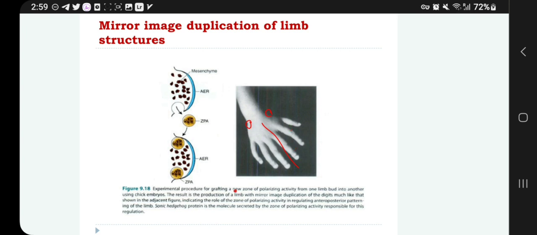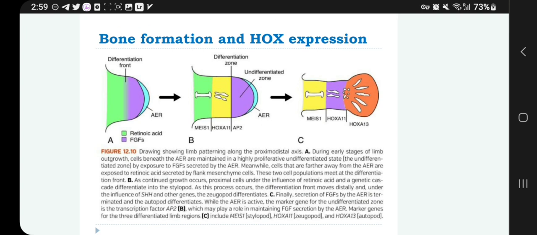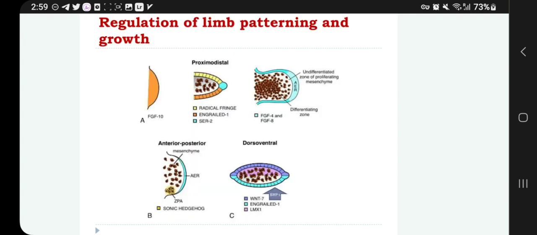They guess that in humans, maybe the ZPA and overexpression of sonic hedgehog can make a mirror image duplication of limb structure. Okay, but just leave that.